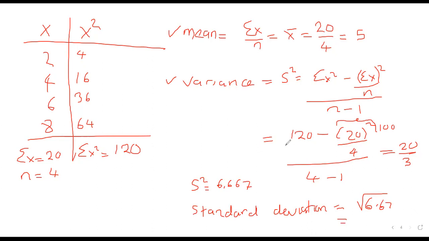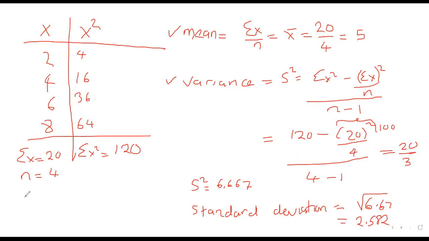Square root of 6.67, and we get 2.582. Correct.